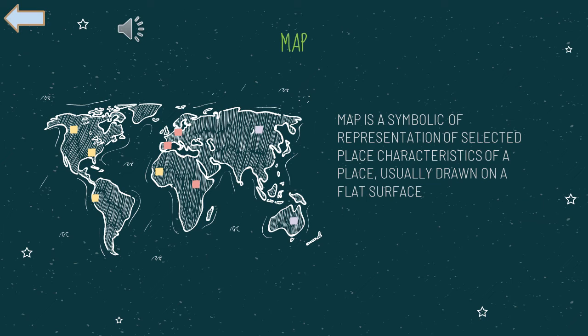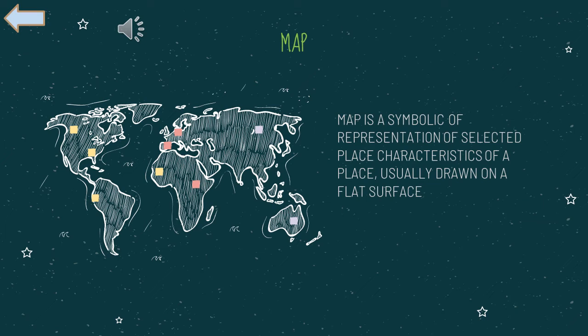You know that maybe in your elementary school, junior high school, or senior high school, you may have viewed a globe, that was a map, but in a 3D object. But a map can also be only on a piece of paper. So that's why in these definitions, the characteristics of a place are usually drawn on a flat surface.